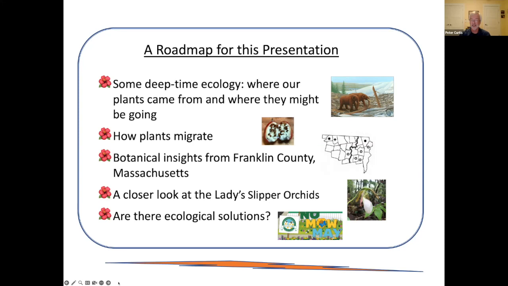We take advantage of some very extensive work done into the 19th century. We're fortunate to be in a place in Massachusetts which has a long history of botanical research, and then taking advantage of some really spectacular work done much more recently. So this is a comparative analysis. We'll be thinking about insights from Franklin County that I think are generalizable.